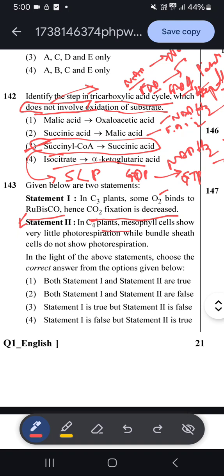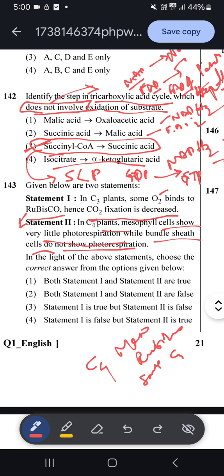In C4 plants, mesophyll cells show very little photorespiration, while bundle sheath cells do not show photorespiration. Mesophyll cells in C4 plants contain Rubisco enzyme, same as in C3 plants.